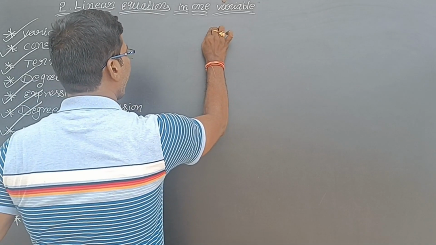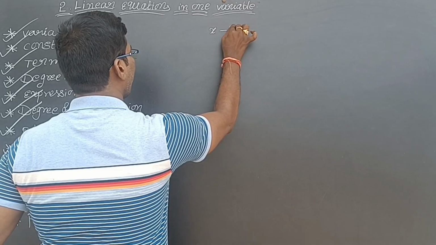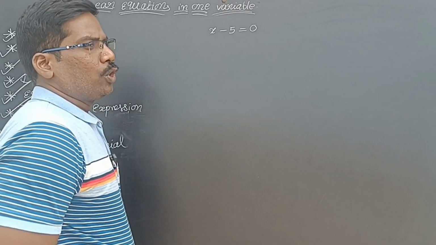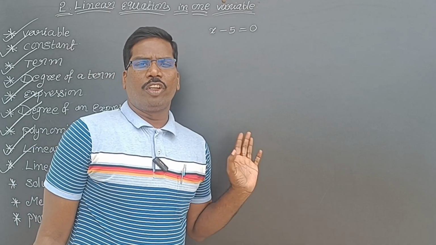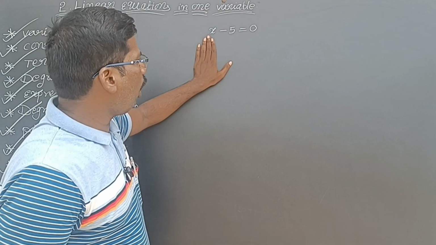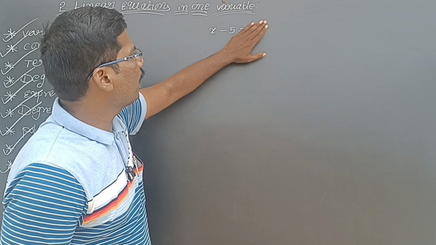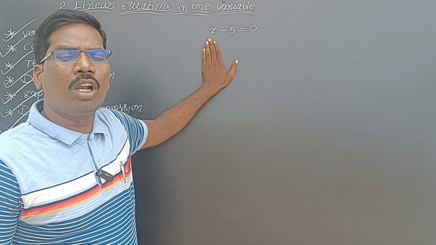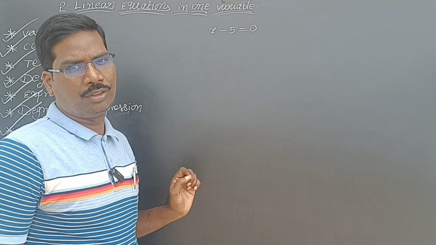Now see here, x minus 5 is equal to 0. What is the solution of this linear equation in one variable? For what value of x this equation is satisfied is called the solution of this linear equation.